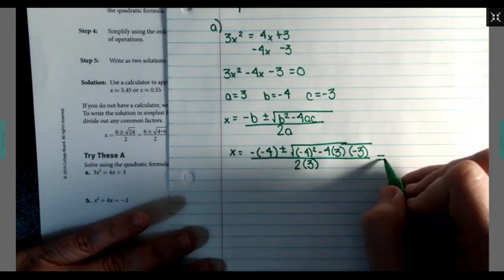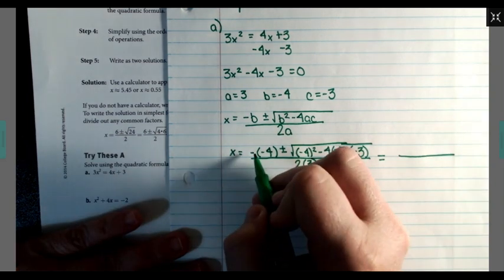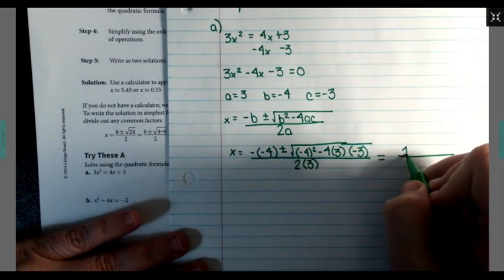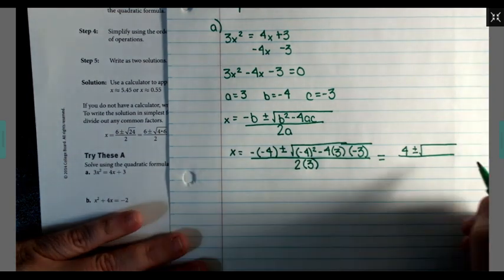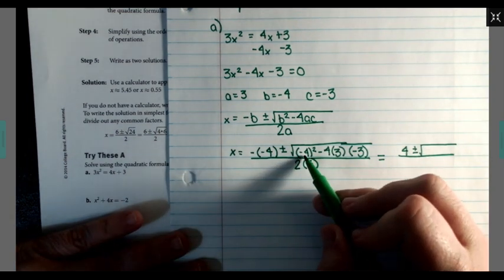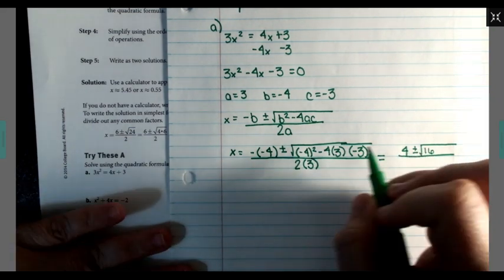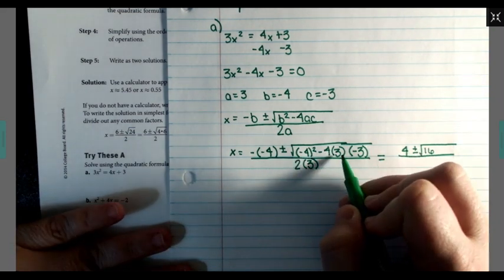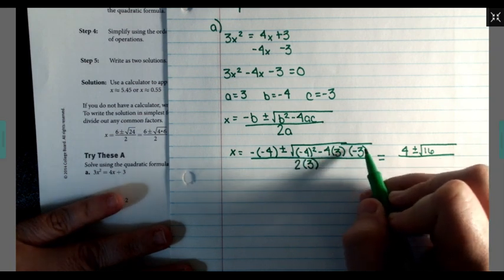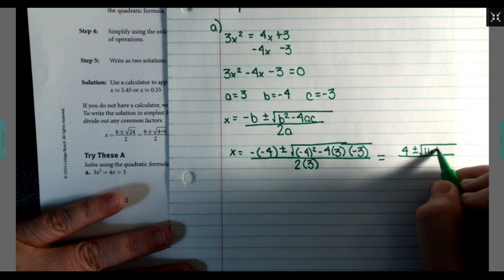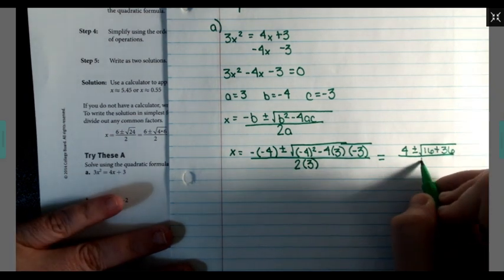And we're going to simplify this as we go before we pull out our calculators. A negative 4 is a positive 4. We're going to say negative 4 to the second power is 16. Negative 4 times 3 is negative 12. Negative 12 times negative 3 is a positive 36. And 2 times 3 is 6.